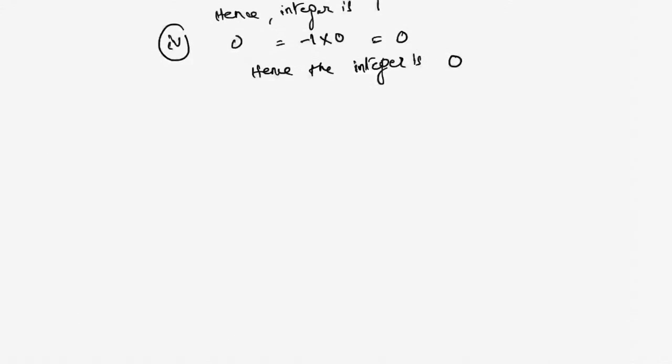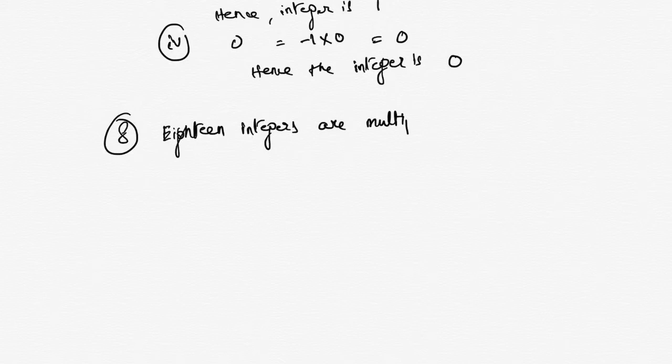Let's see the eighth problem. Now listen carefully. 18 integers are multiplied together.